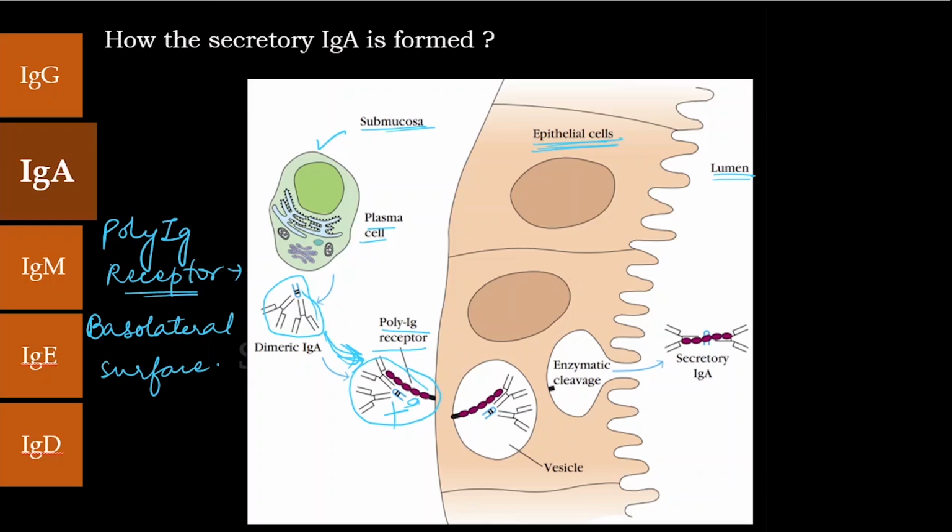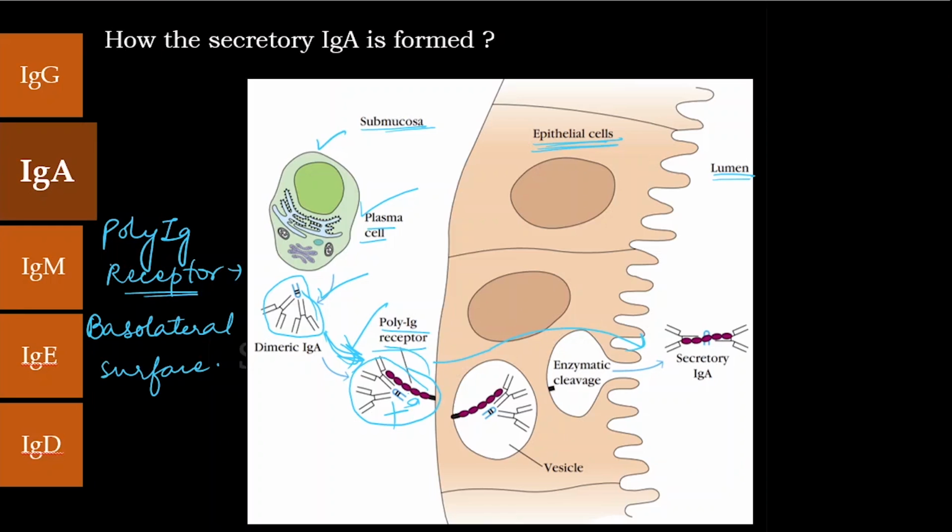Now, I was telling you about the plasma cells. They release IgA, then they migrate towards epithelial tissues and bind with these receptors. After binding with these receptors, this complex will be transported across the epithelial barrier to the lumen.